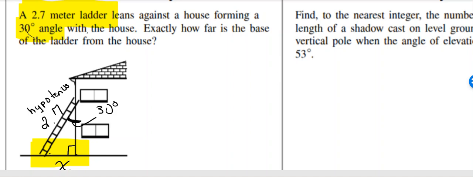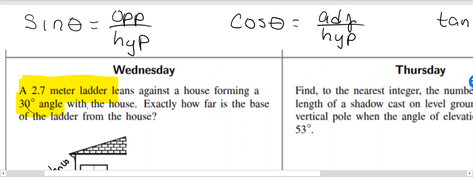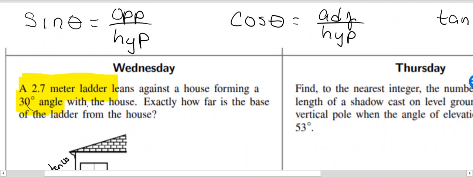But compared to this 30-degree angle, this is an opposite side. We're trying to find that x. Which of the trig ratios will we use? Well, I have a hypotenuse and I have an opposite. If I have a hypotenuse and an opposite, I need to use sine theta.